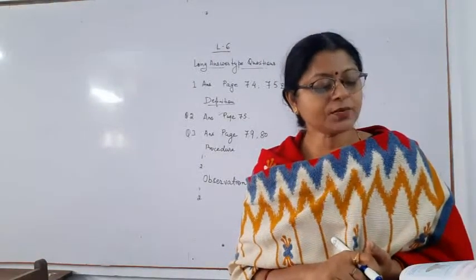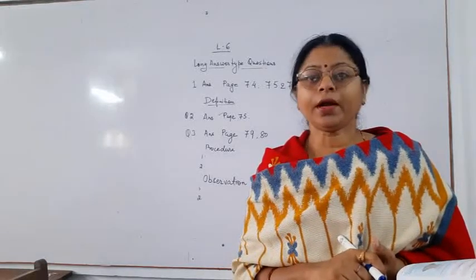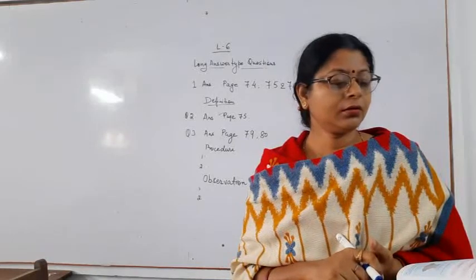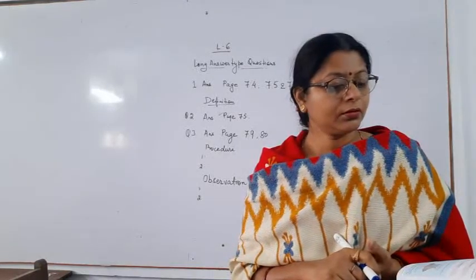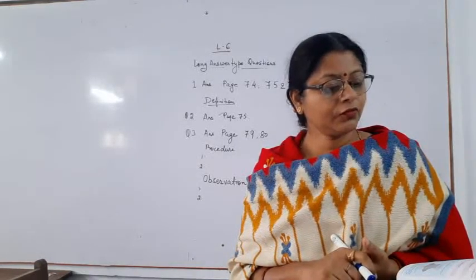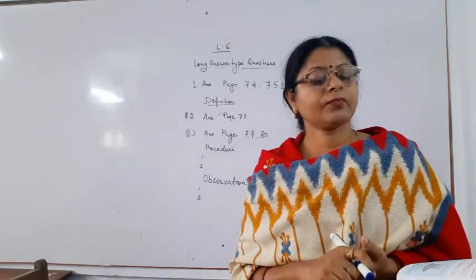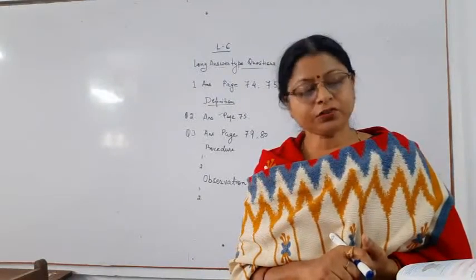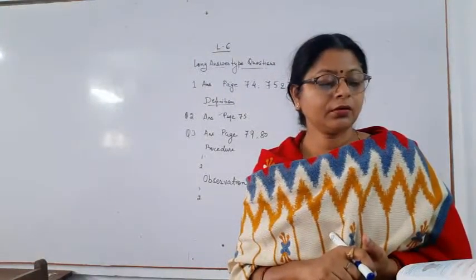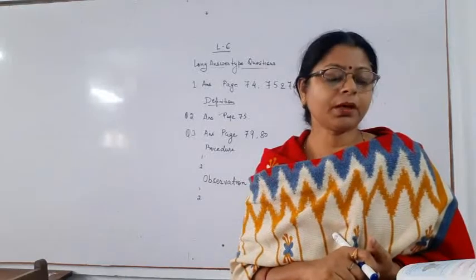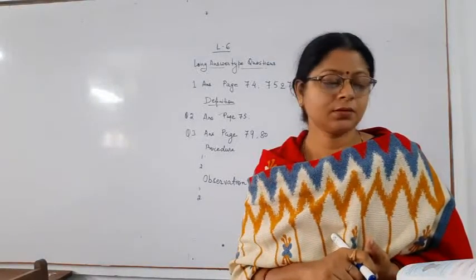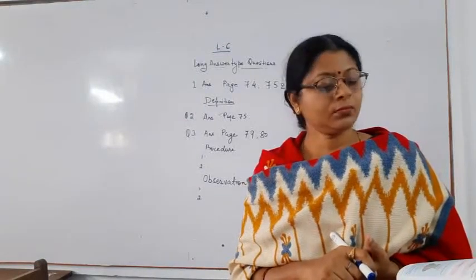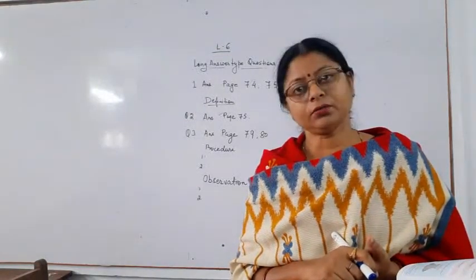And in the second observation you write down: on adding HCl to the flask containing NaOH and phenolphthalein, the solution becomes colorless, and also the flask becomes hot.